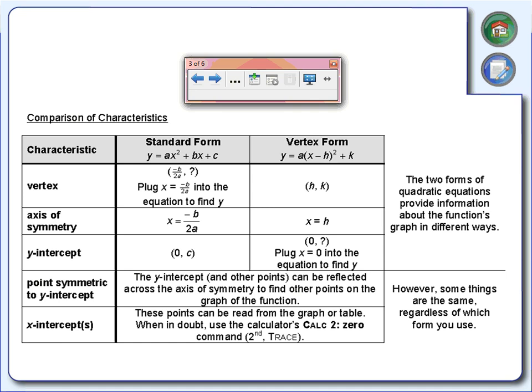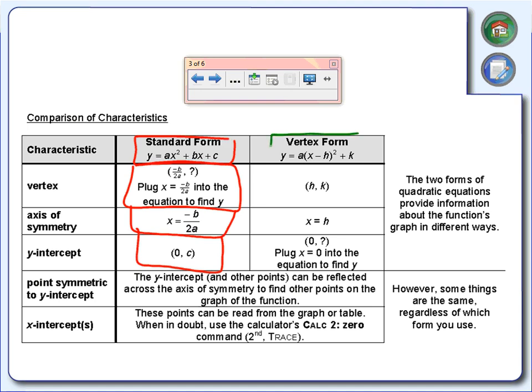Now, how we find that stuff is going to depend on which of the equations we have. If we have the standard form, this one right here, in order to find the vertex, we have to do this. To find the axis of symmetry, we'd have to do this. To find the Y-intercept, we'd have to do this. On the other hand, if we're given the vertex form, to find the vertex, we'd have to do this.